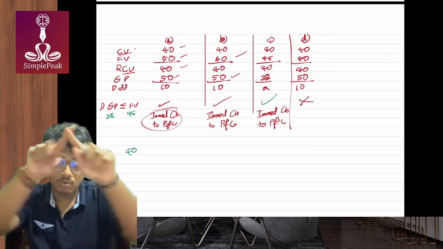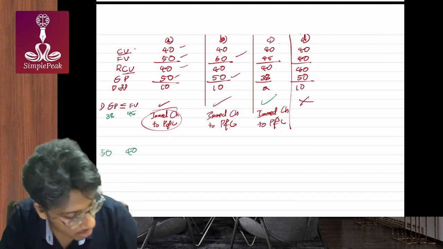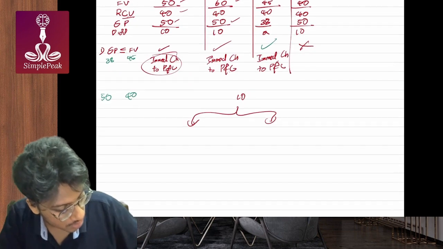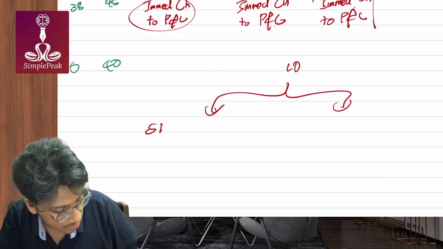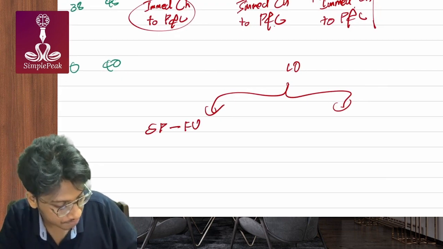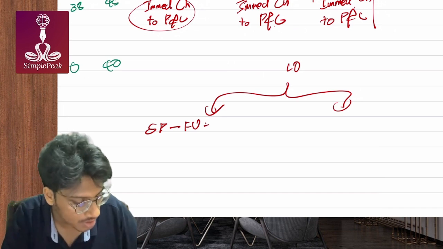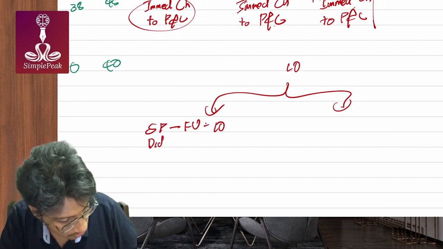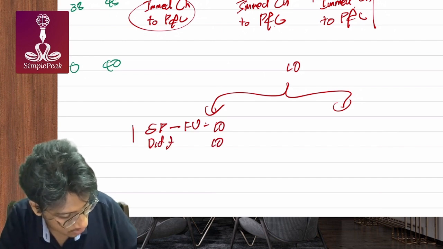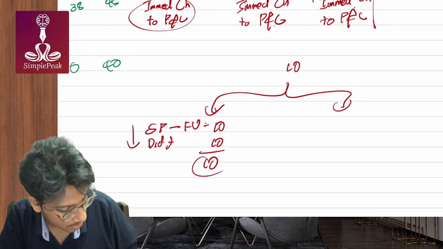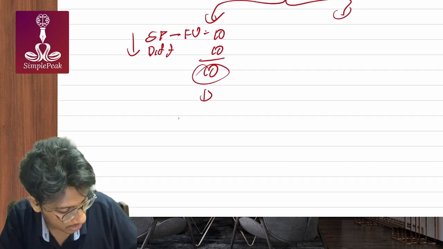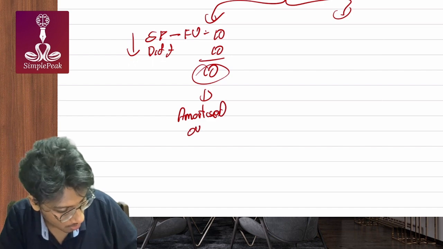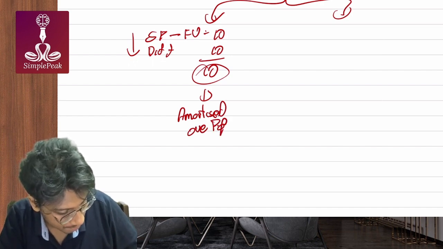Now you need to go with that table. Difference 10. Okay, 10. You need to check sale price minus fair value. How much does that come to? 50 minus 40, 10. And difference also 10. Whichever is lower, 10. This needs to be amortized over P&L.